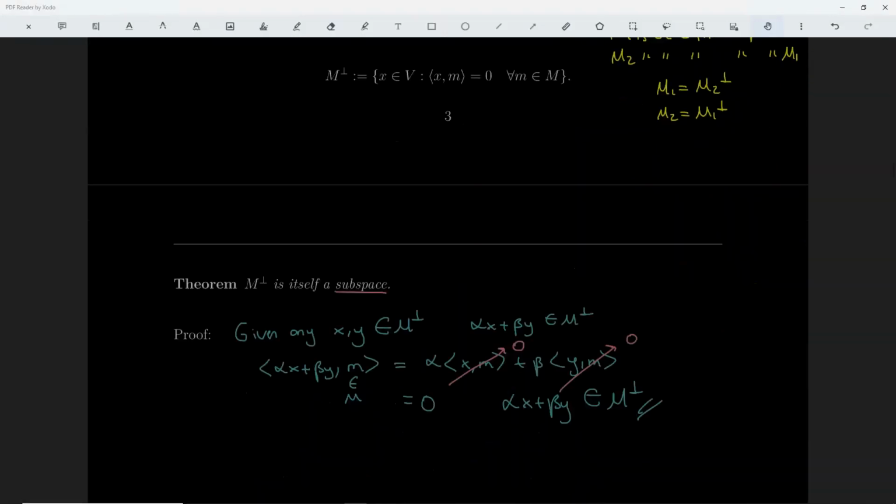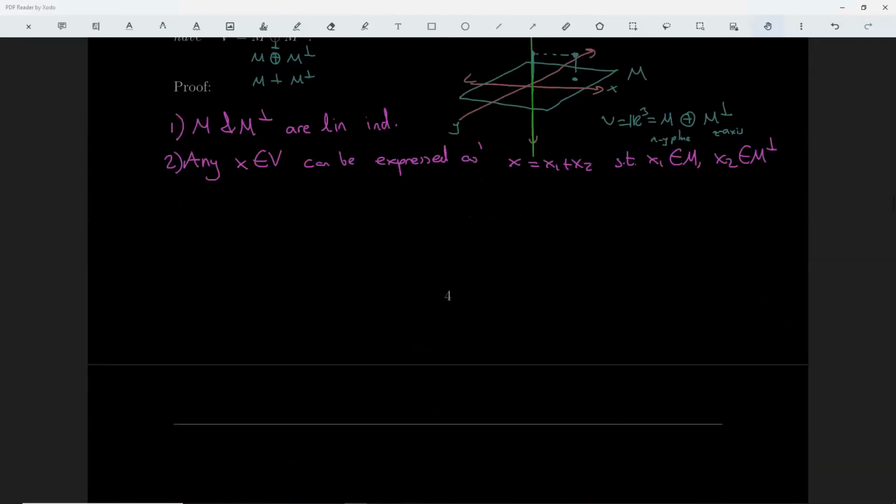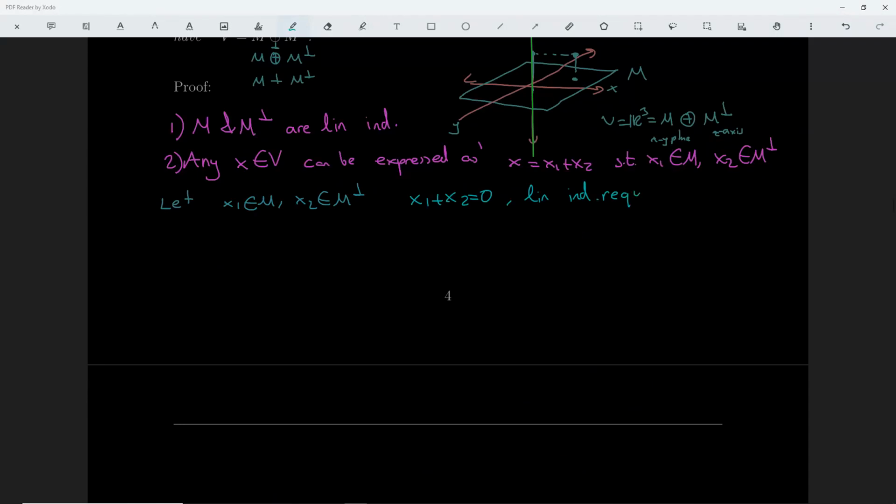So if we go back to our proof, let x1 be in M and x2 in M perpendicular. If x1 plus x2 is equal to 0, the linear independence condition requires x1 is equal to 0 and x2 is equal to 0.